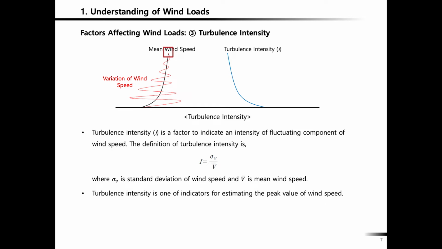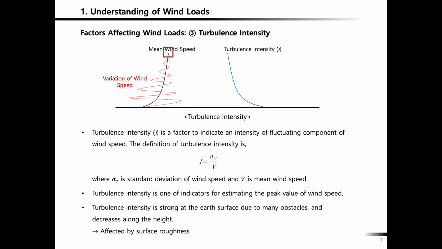Turbulence intensity is one of the indicators for estimating the peak value. Of course, if you know the standard deviation, that's a good representation of the peak, right? If you have a larger standard deviation, of course, peak will be much farther from the mean.